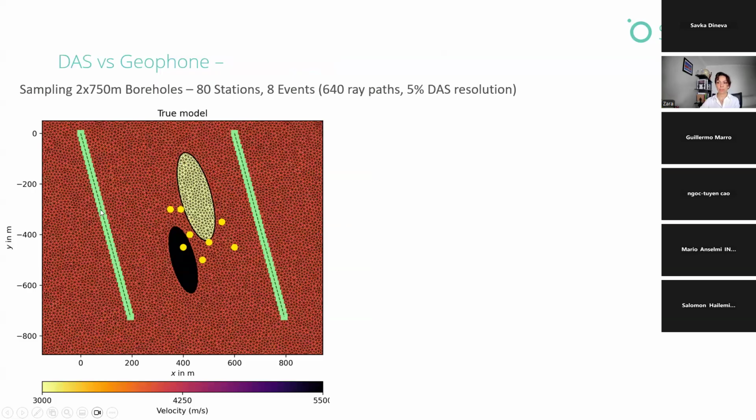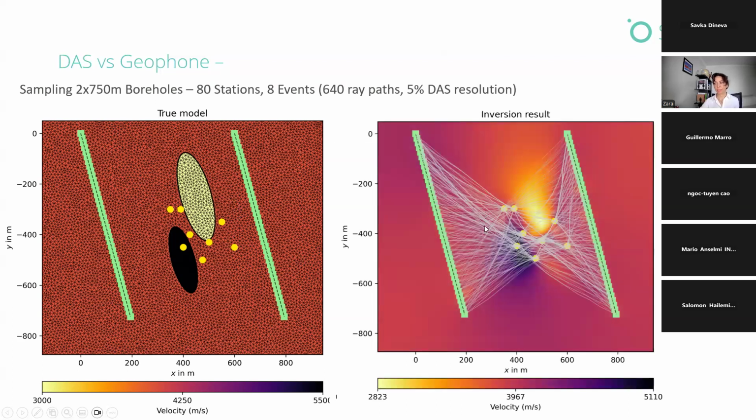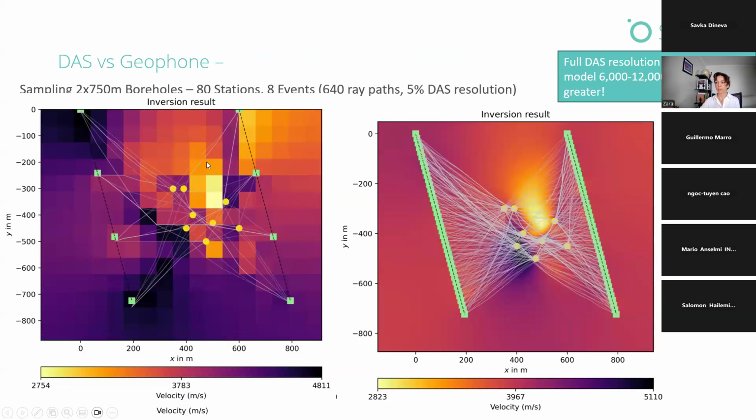However, if we instrument these boreholes with fiber and do measurements every 5 meters along the fiber, so it's still at 5 meter DAS resolution, then we get a lot richer ray tracing, and with that we can get a much better understanding and definition of those low velocity versus high velocity areas. So this is an area for real-time tomography with DAS that can be done in underground mines, for example, and this is just a comparison: low velocity geophone with a lower number of ray paths versus DAS.